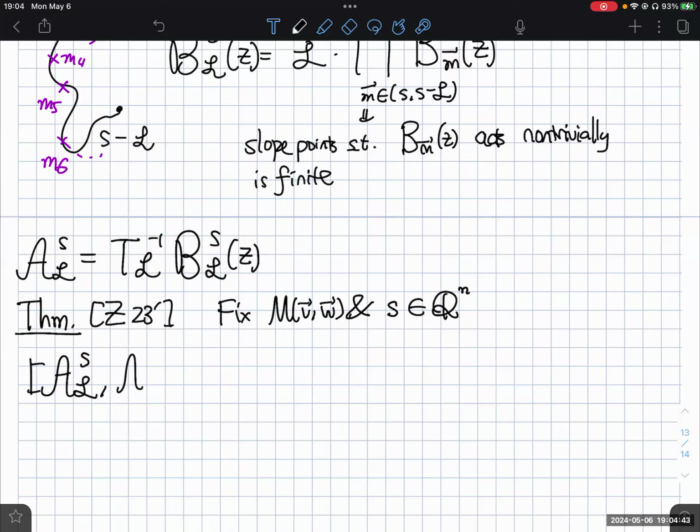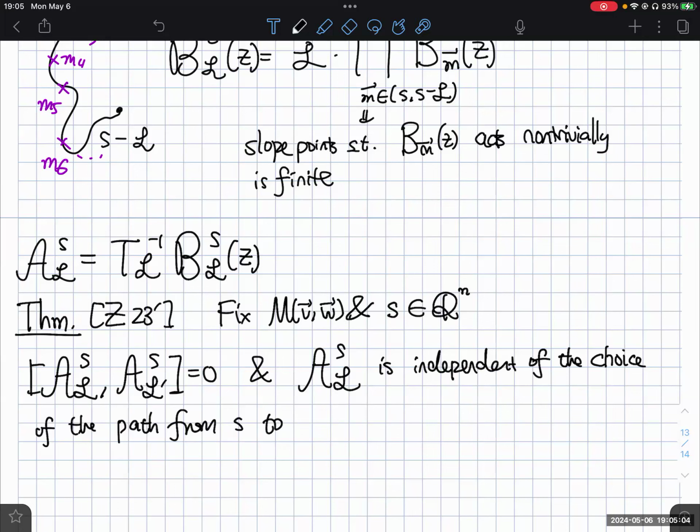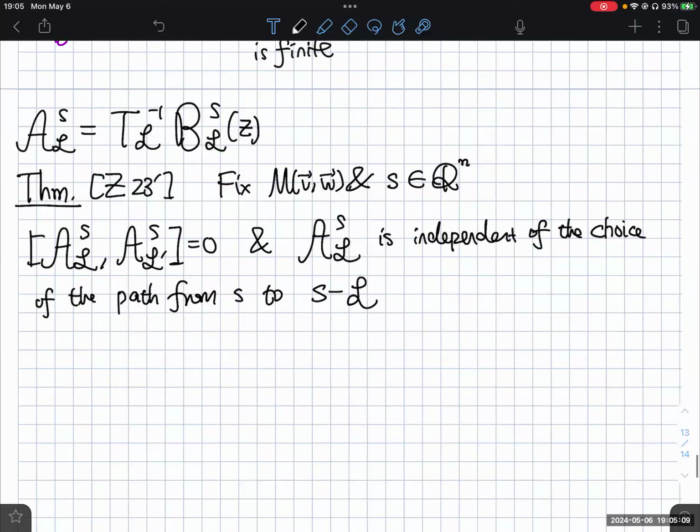Then each of this is 0, and the construction of this quantum difference operator is independent of the choice of the path from S to S minus L. So this is like the first result, I think the last year's result.